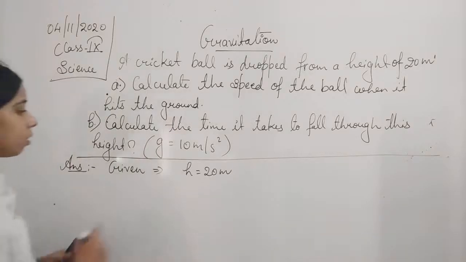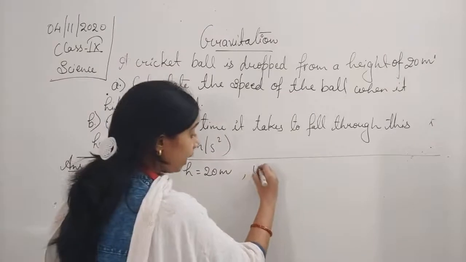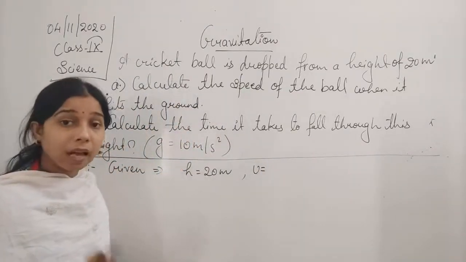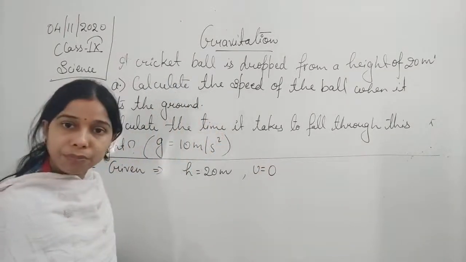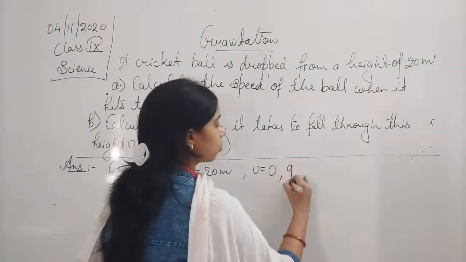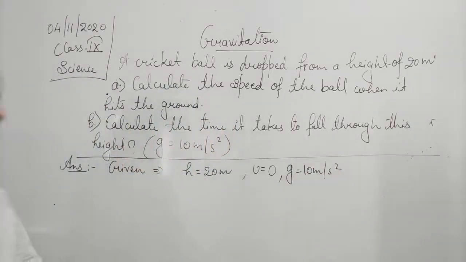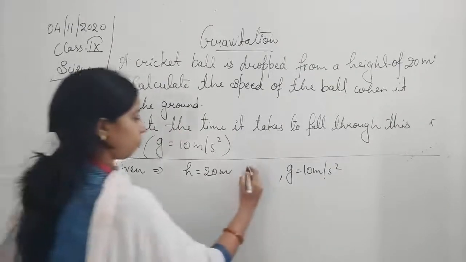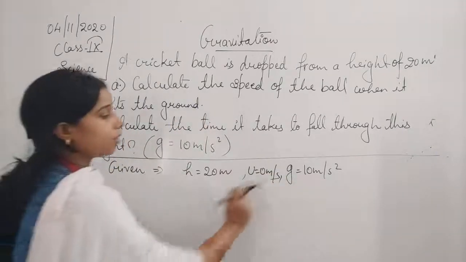When a ball is dropped from a certain height, at that time the initial velocity will be 0. And the other thing which is given is g, so g equals 10 meter per second square. Here u equals 0 meter per second. So u is given, h is given, g is given.